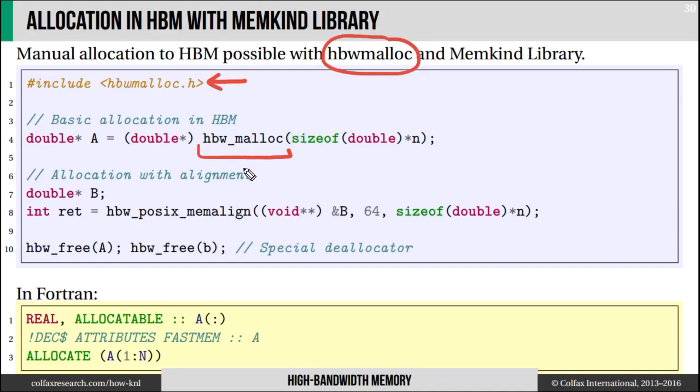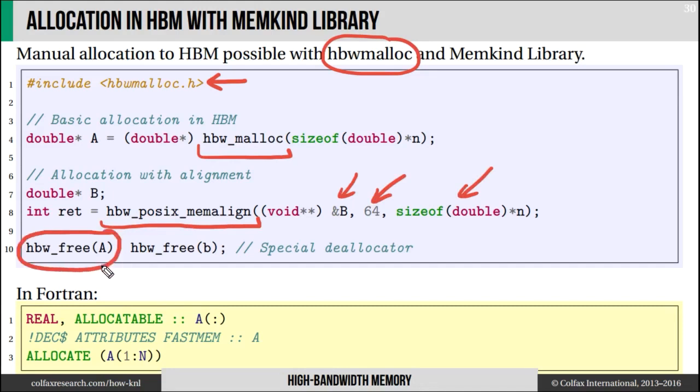If I want allocation with alignment, then I can use hbw_posix_memalign, which takes 3 arguments. The reference to my pointer, the alignment value, and the buffer size. For objects allocated with these special allocators, I have to use a special deallocator, hbw_free.